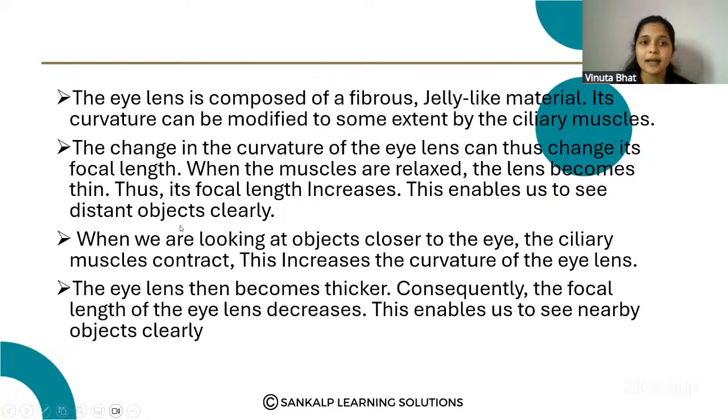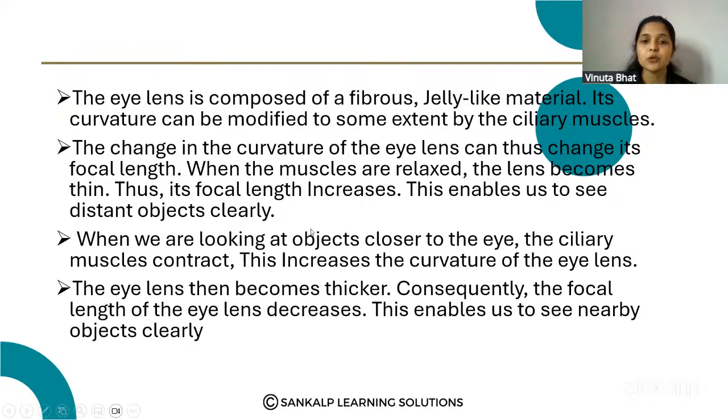Yes, the eye lens is composed of fibrous jelly-like material. Its curvature can be modified to some extent by the ciliary muscles. The change in the curvature of the eye lens can thus change its focal length also. When the muscles are relaxed, the lens becomes thin. Thus, its focal length increases. This enables us to see distant objects.